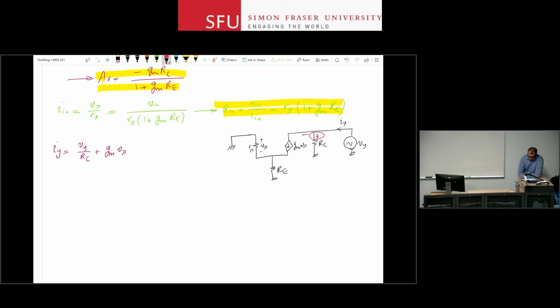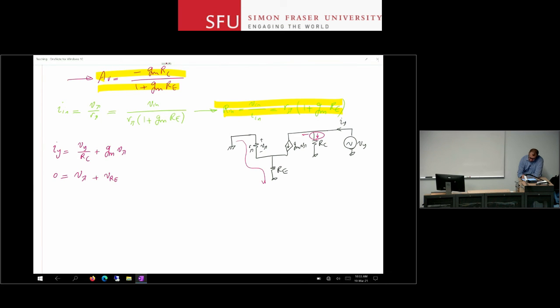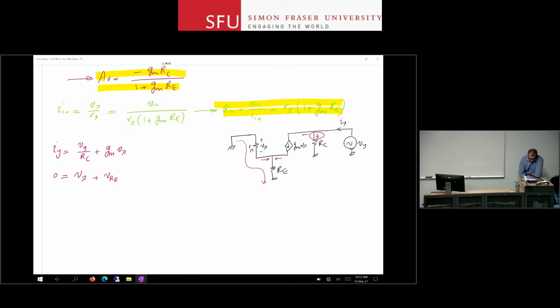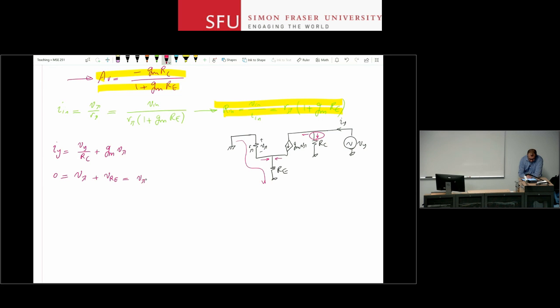So I look at the input circuit. I can write a KVL from here to ground. So 0 is equal to V pi plus VRE. And again, we can say that VRE is this current plus this current times RE. So this is V pi plus current from the base side, which is V pi over R pi.